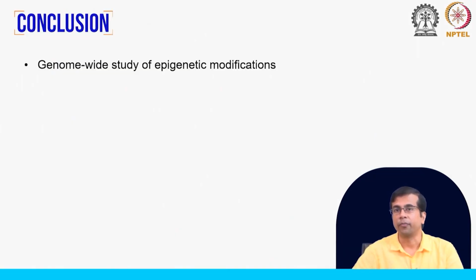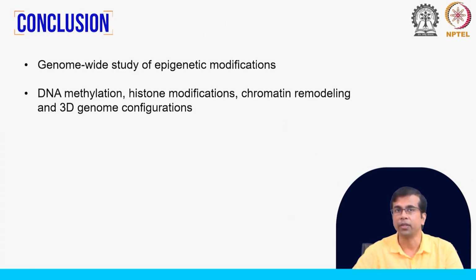To summarize, we have discussed the epigenome, which is the genome wide study of epigenetic modifications, and we have talked about different types of epigenetic modifications, including DNA methylations, histone modifications, chromatin remodeling and 3D genome configuration.